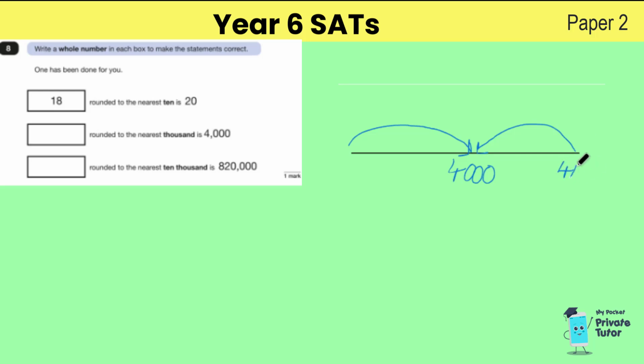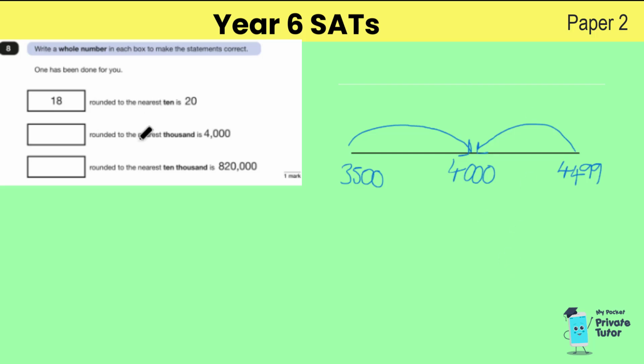So 4,499 is the largest number that could be rounded down to 4,000, and 3,500 is the smallest number that could be rounded up. So 3,499 would get rounded down to 3,000.